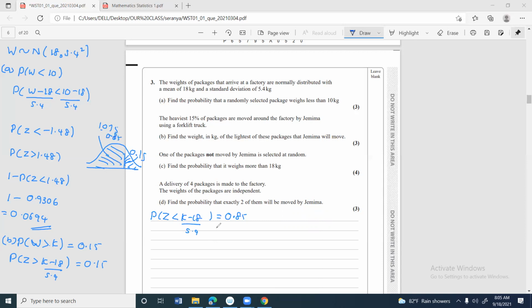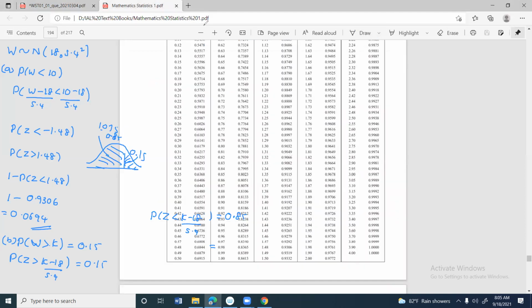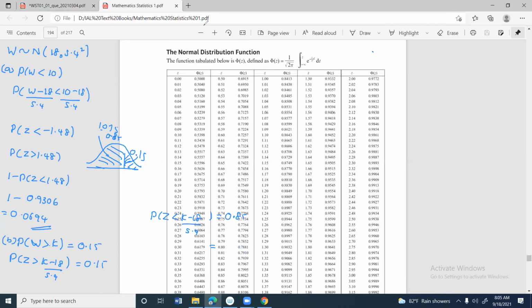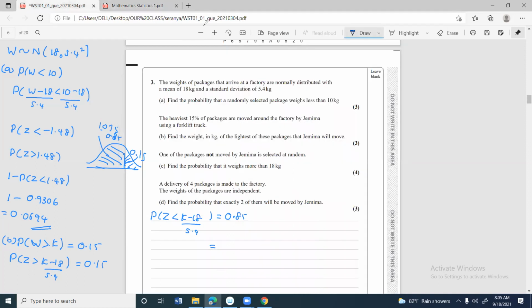Then see where 0.8500 is. There are two techniques we can use. The first is to look up 0.8500 from the table. The closest figure for 0.8500 is 1.04. So you can write 1.04 equals (k minus 18) divided by 5.4.